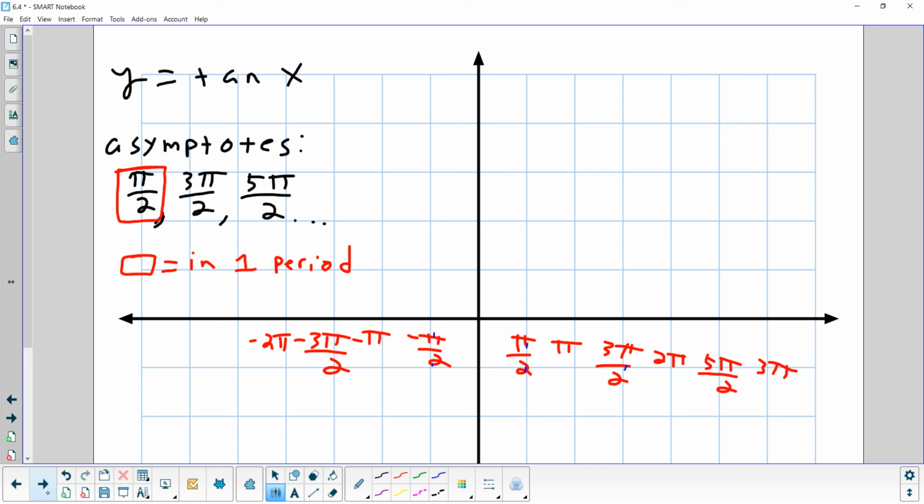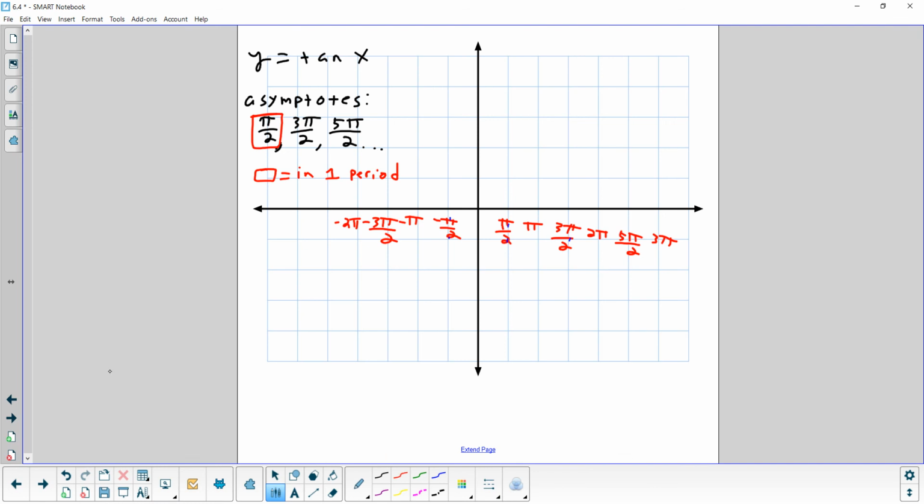Okay, I wrote out some of the asymptotes here again. Pi over 2, 3 pi over 2, the odd multiples of pi over 2. So let's put one in. Let me just do this by hand. Pi over 2, 3 pi over 2, and that's all I really need.